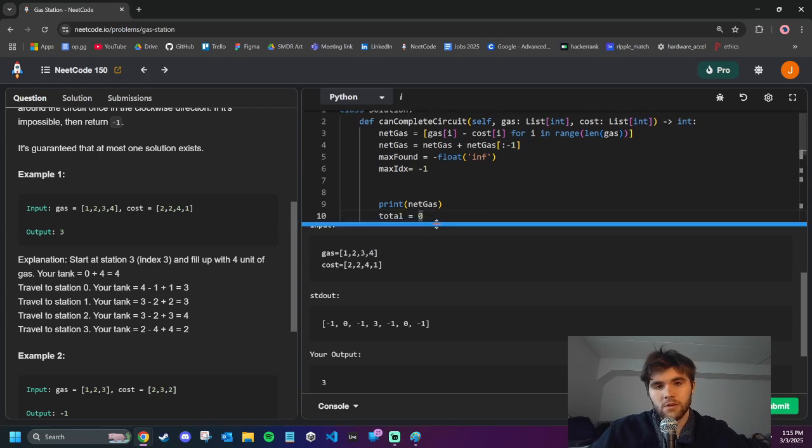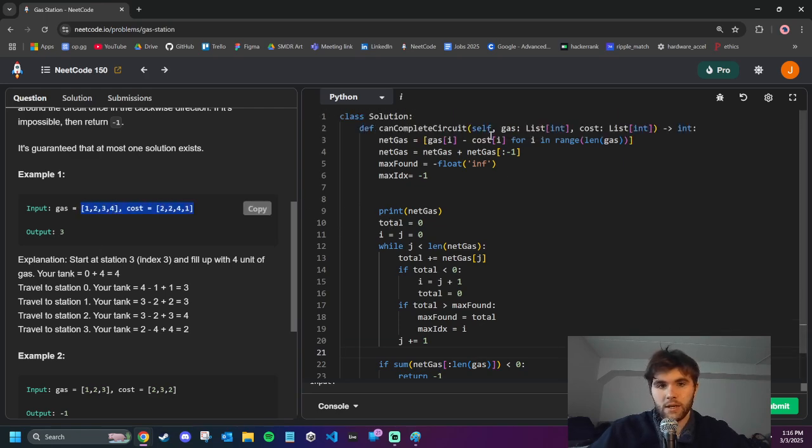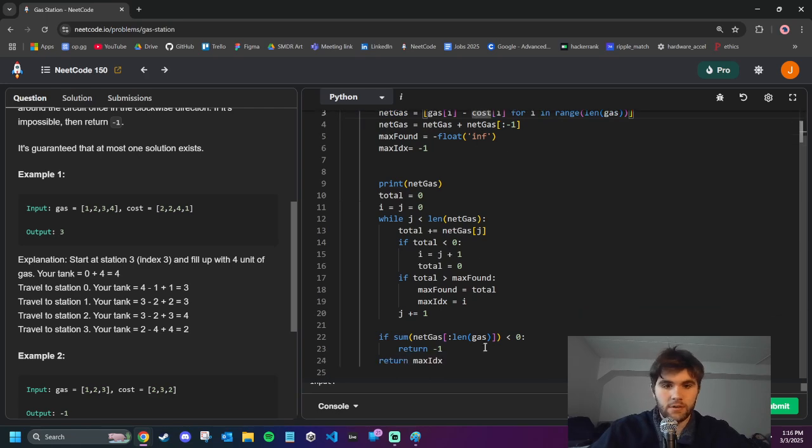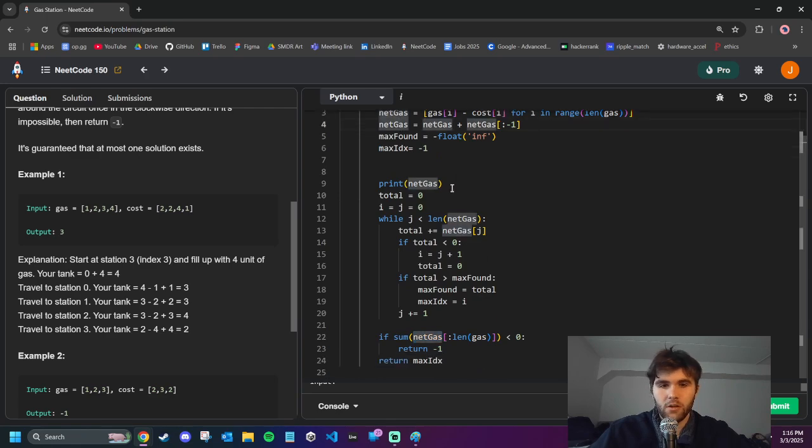And to determine if it's not possible, so if the sum of the diff, basically, so if the original net gas before I extend it, maybe I could just say, no, it's fine. You could just have a variable instead of doing this thing here, just say the sum of that old one. Doesn't really matter.